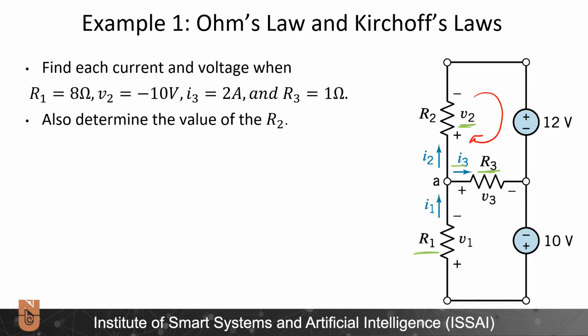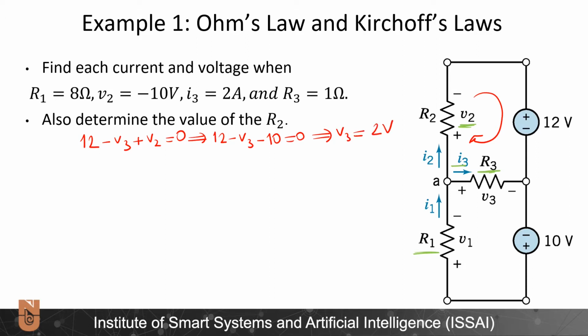I start from plus 12. 12 minus V3 plus V2 is equal to 0. Since I know the value of V2, I can write this equation as 12 minus V3 minus 10 is equal to 0. And if I solve this for V3, I end up with V3 equal to 2 volts.